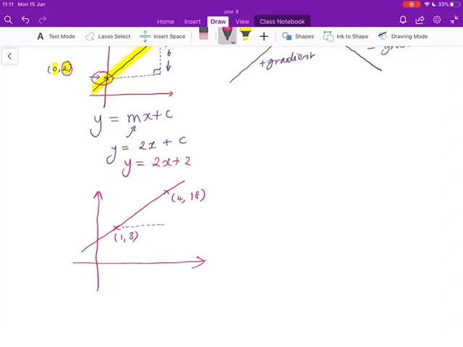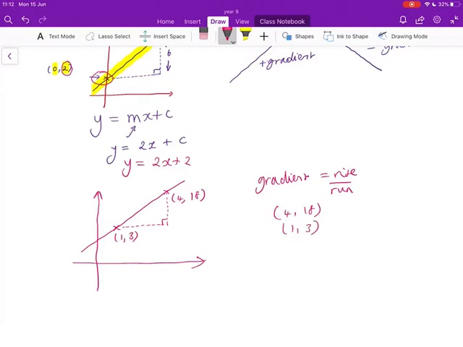Okay, so we've got 2 points that lie on our line. So if we connect them up with our little right angle triangle like we did before, we know the gradient is equal to the rise over the run.